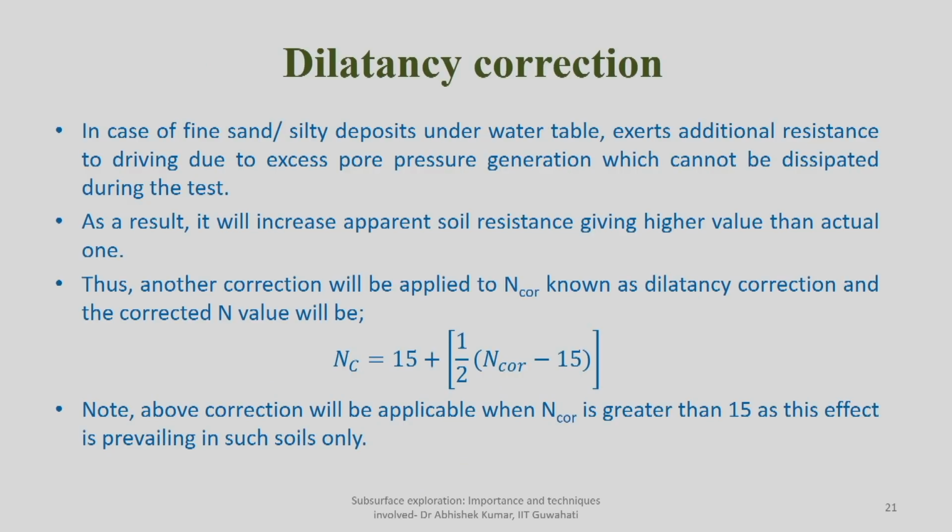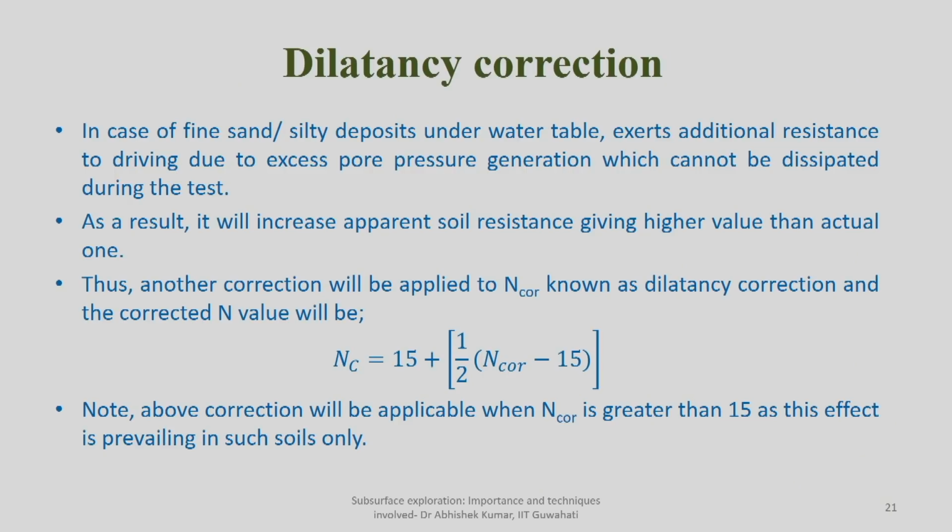Then second, it has been observed that particularly in fine sand and silts, where the permeability is significantly less in comparison to coarse grained soil, because of the high rate of loading, particularly under the groundwater table, there will be additional pore water pressure generation.